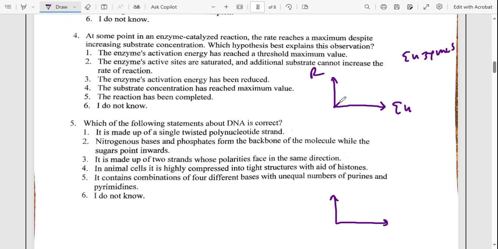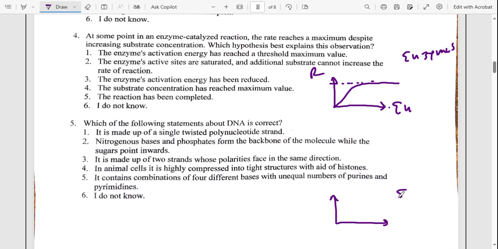What will be happening is that as you increase the enzymes, the rate of the reaction will increase. But there's going to be a certain point where even if you increase the enzymes, the rate of the reaction still remains the same, because the enzymes are increasing, but you don't have any more substrates.